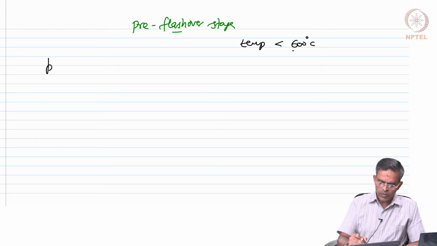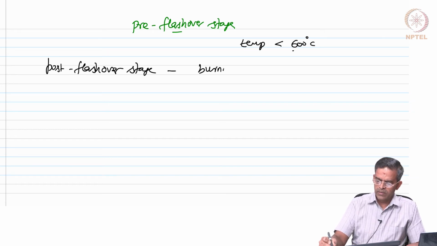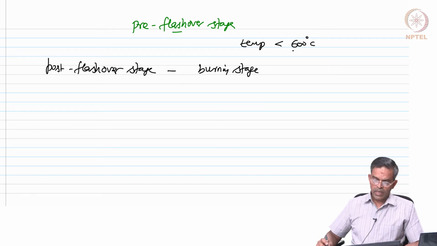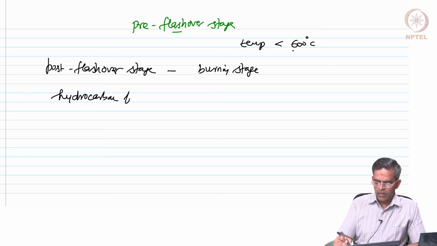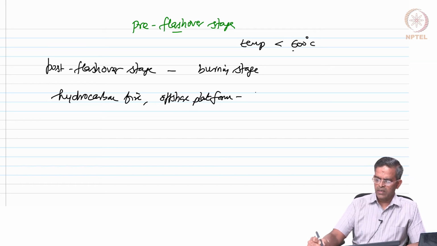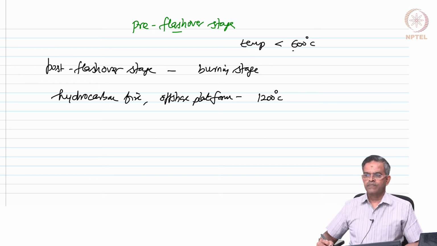The post flashover stage is called as the burning stage. Okay. It is interesting, friends, for you to note that hydrocarbon fires which happen in offshore platforms can reach the temperature as high as 1200 degrees Celsius.